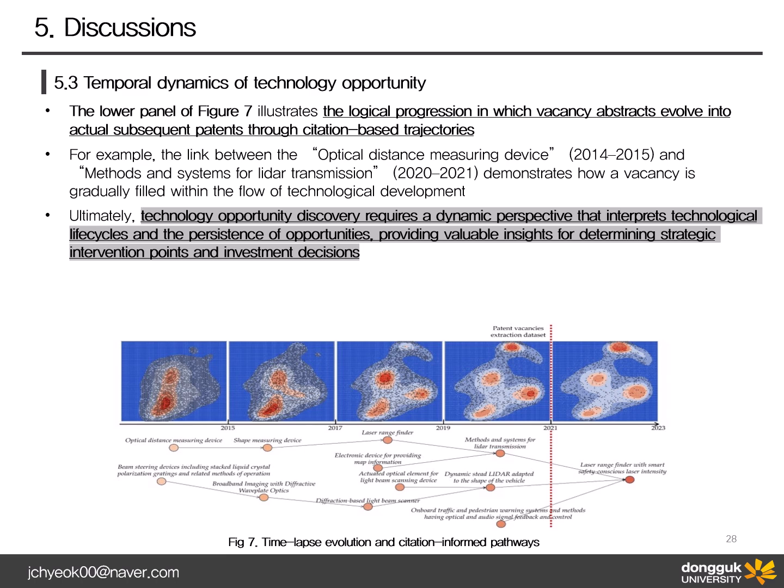For example, the connection between the optical distance measuring device and method and the system for LiDAR transmission demonstrates how a vacancy is gradually filled within the technological development process. This provides important insight for determining strategic intervention points and guiding investment decisions.